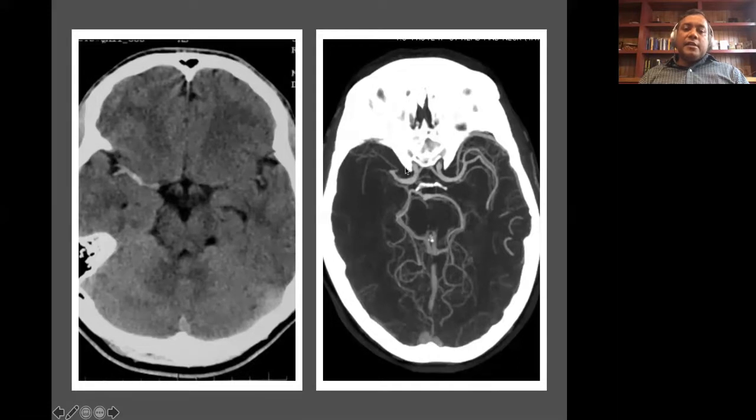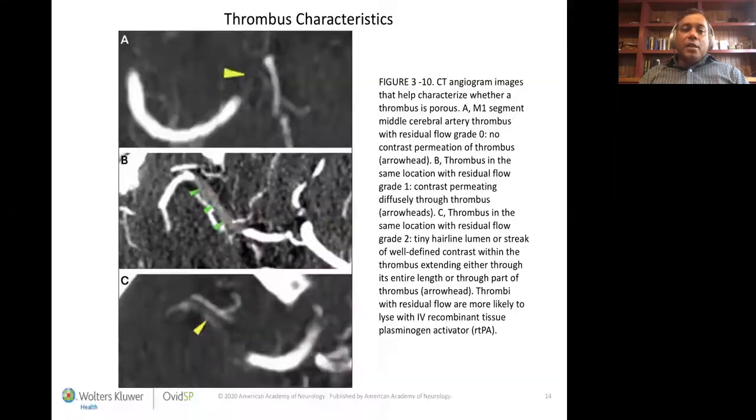And then correspondingly in the CT angiogram, you see a mid M1 MCA occlusion. You already know that this person has an endovascular target and should likely go to the cath lab. But there are some other very interesting things that you can see on the CT angiogram.